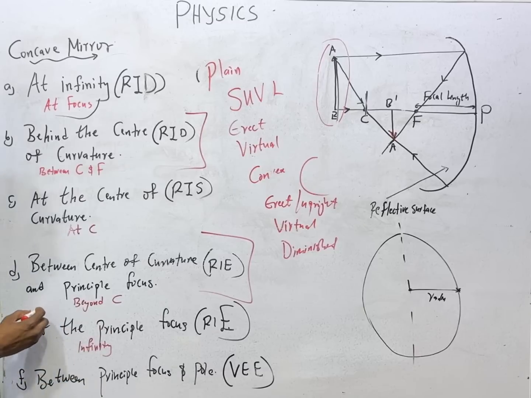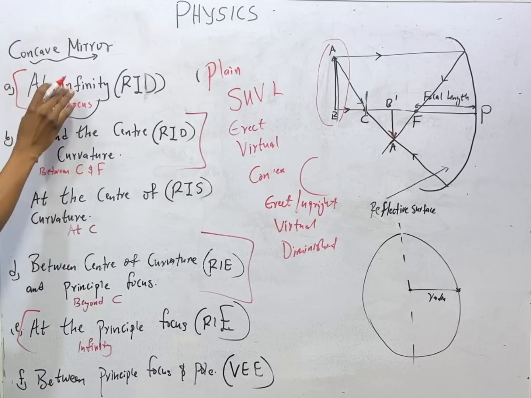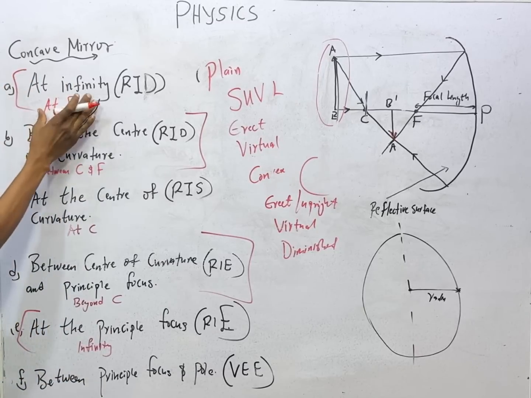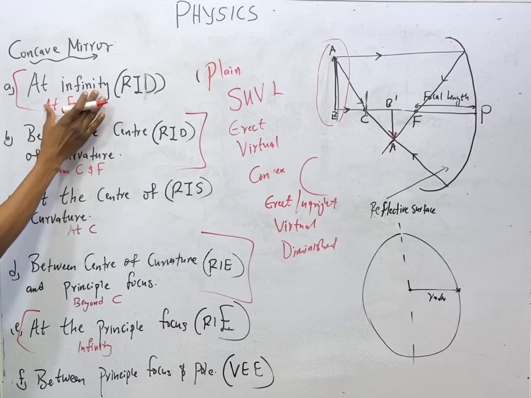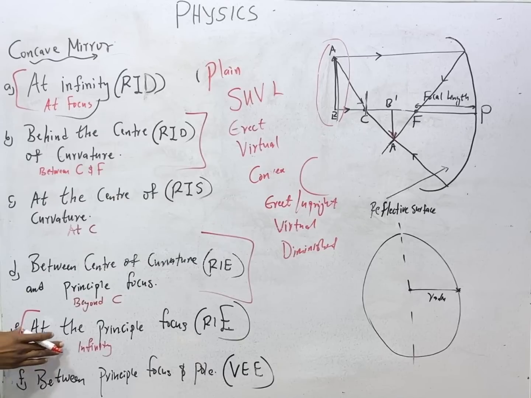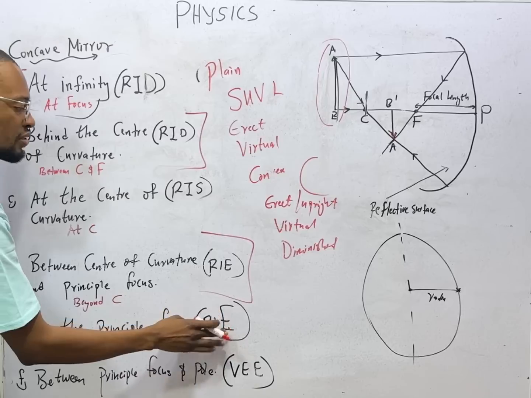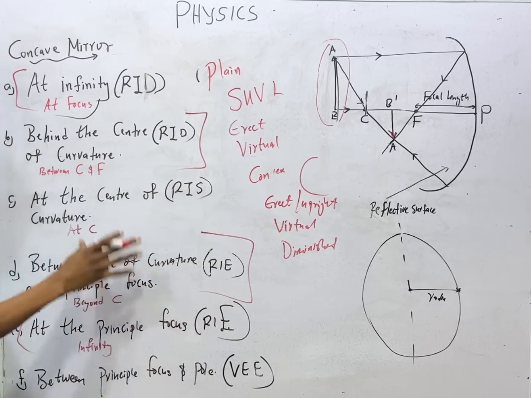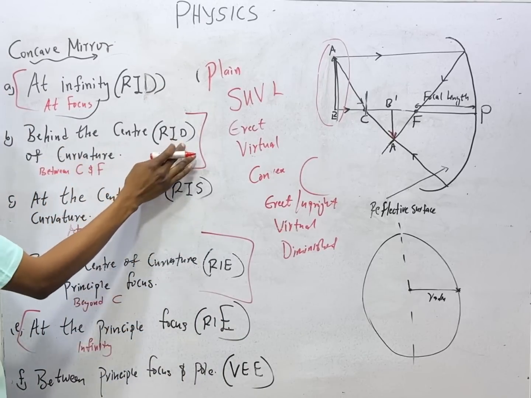Now, for infinity, if you place an object at infinity, the image is formed at the focus and it is real, inverted, and diminished. For here, if you place it at the focus, the image is formed at infinity and it is real, inverted, and enlarged. For center of curvature, it is diminished.